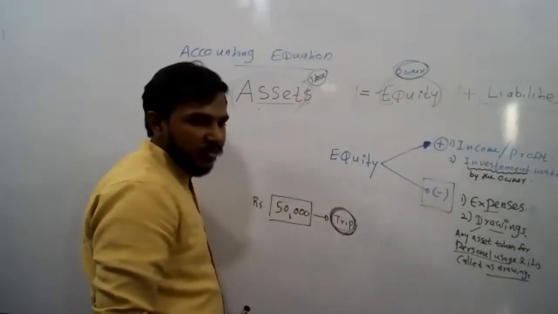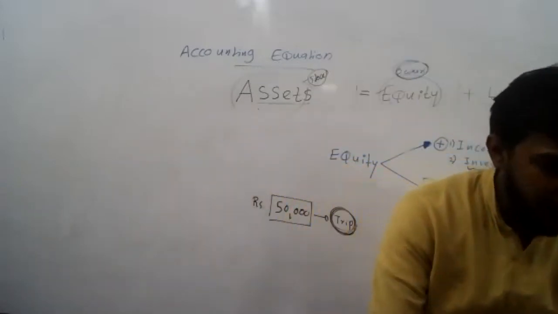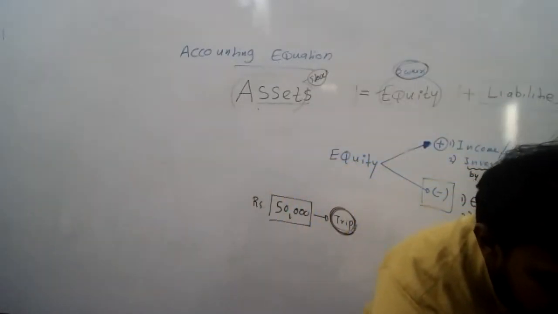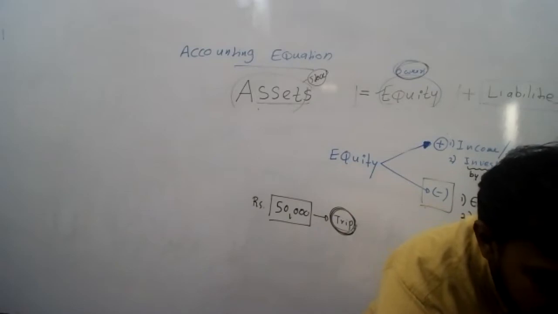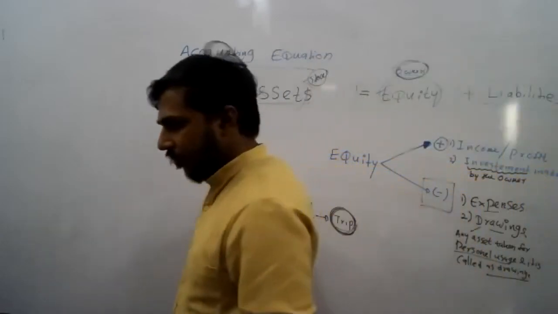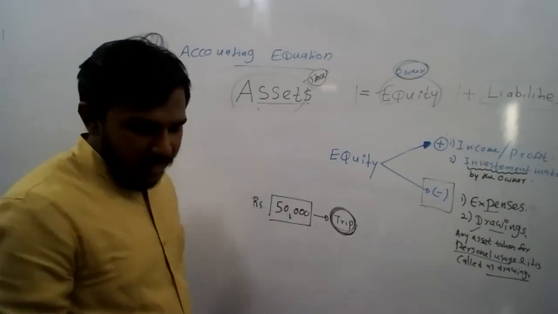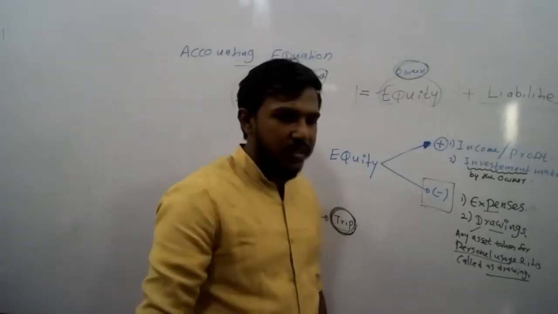I will give you 1 minute. And any questions, please share your questions. Equity increase from income, investment made by the owner, and decrease because of expenses of the firm.